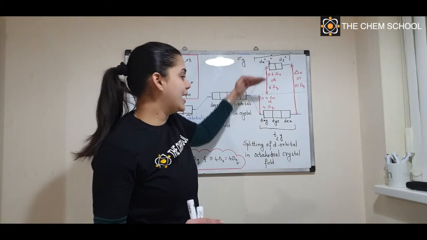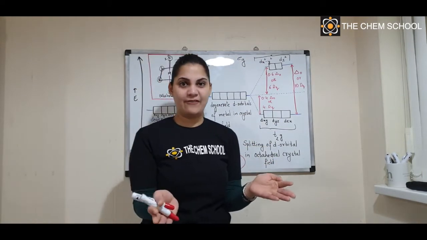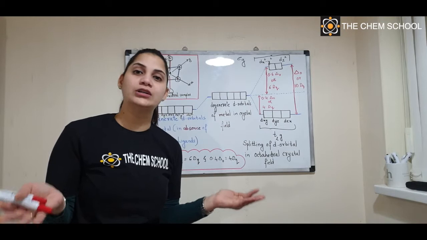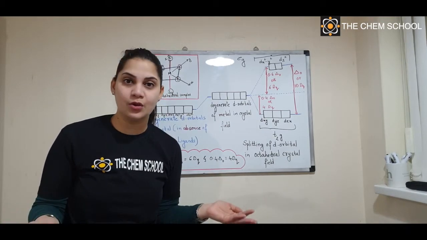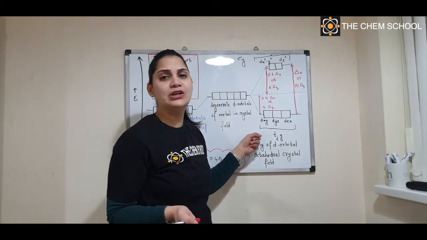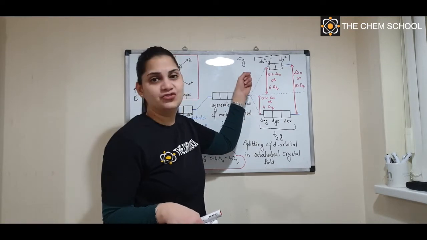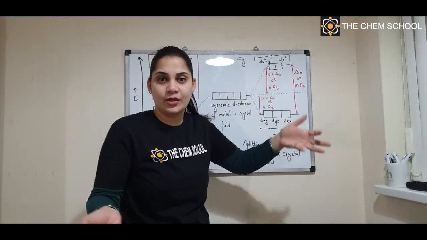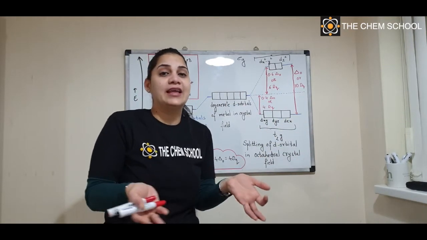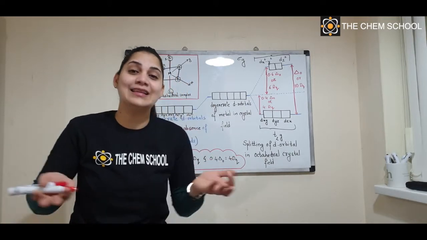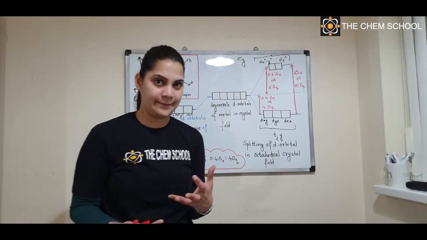So eg and T2g, if you want to say which one is more stable in an octahedral complex, T2g. Why? Because the energy of T2g is less than eg. But how much? How much is the energy of T2g less than eg? That is what we need to understand.